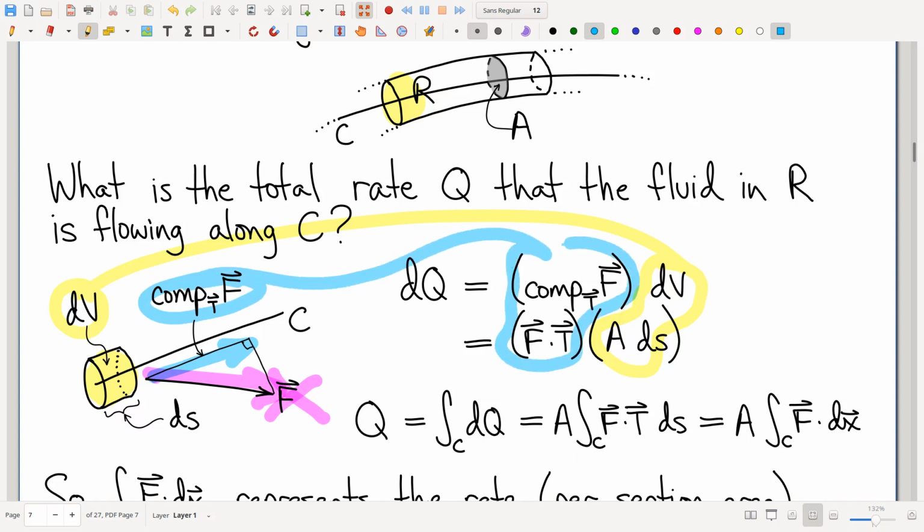And, of course, components are easy to compute. Components, dot product with a unit vector. Tangent vector in this case, because I'm going along the curve. So, again, this is how much fluid there is on this piece. That's how much it's flowing along the curve. And if I want to know the total over the entire fat yellow region, then I'm just going to integrate along the entire curve.